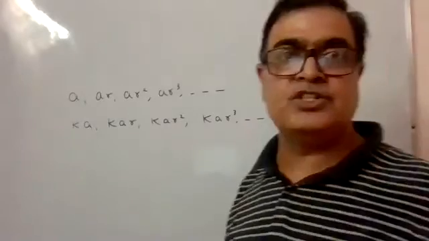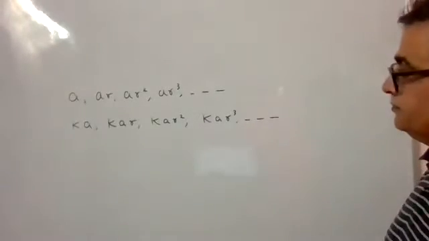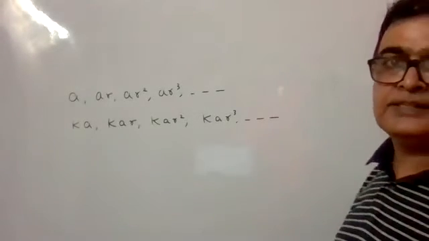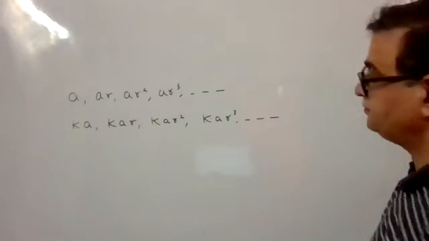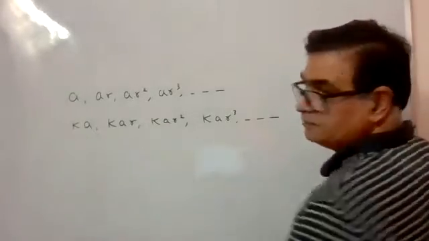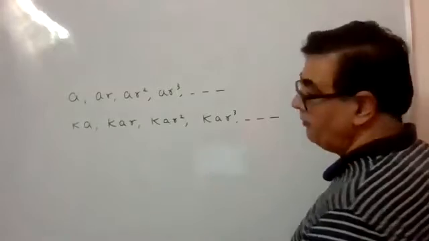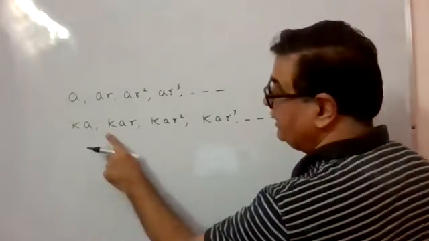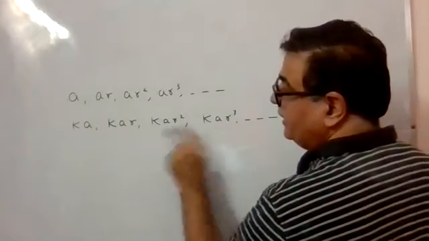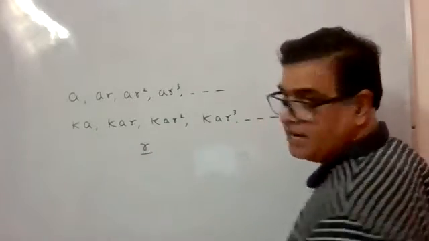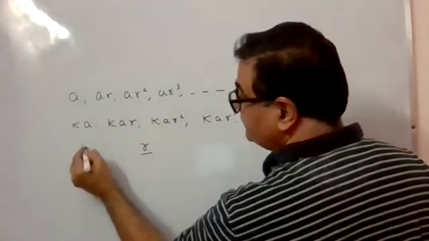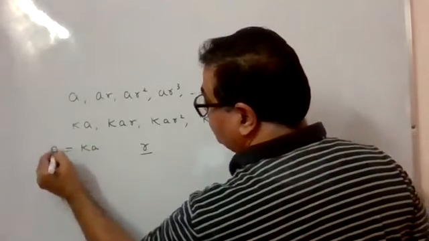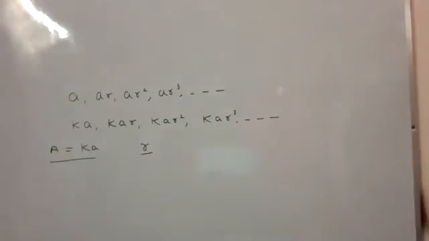Just check whether it is a GP or not. With the same common ratio, just check KAR by KA, KAR square by KAR, KAR cube by KAR. So common ratio remains same R. Only the change comes in the first term, that will become K times.